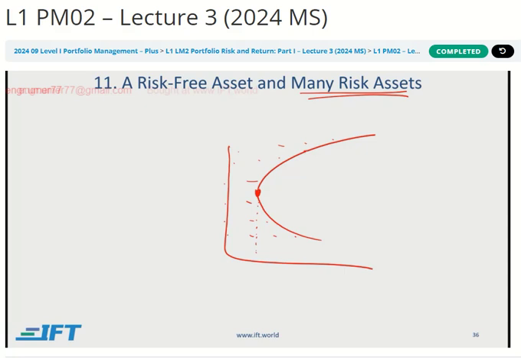And then above that is the efficient frontier, which means all these portfolios along this line are efficient, but they're not all the same. See, you have to understand the slope of this line is curving. So, for every additional unit of risk, how much return am I getting?